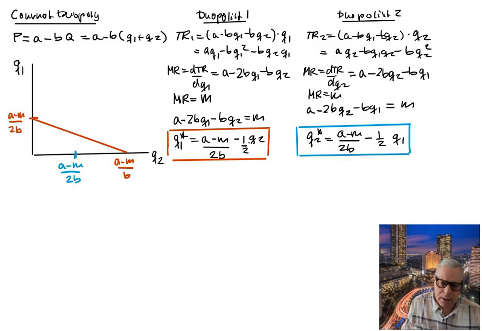And then the slope is 1/2, so it must go here at A minus M over B. We could also have rearranged this equation, and then you would get A minus M over B minus 2 times Q2.